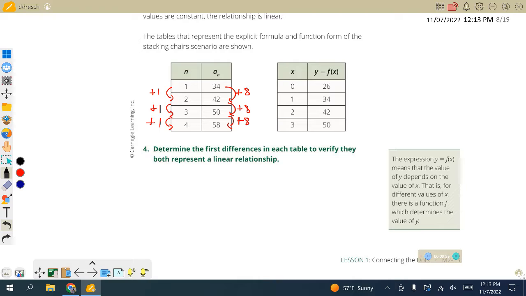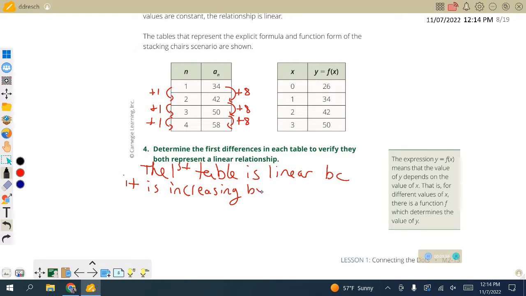Okay, the first table is linear because, oops, one second. It is increasing by, okay, we said rise over run.